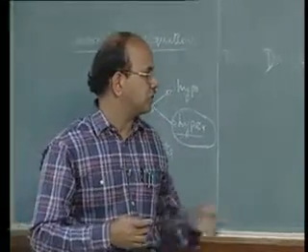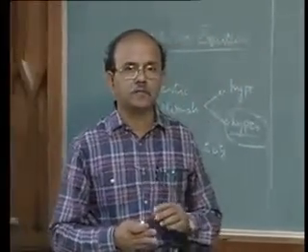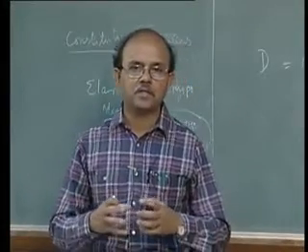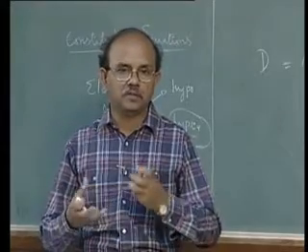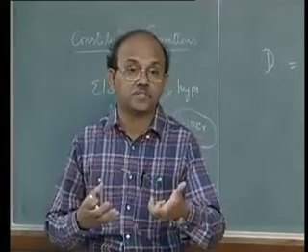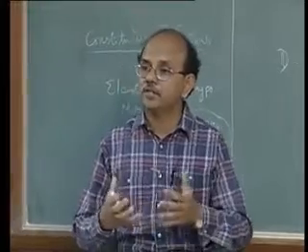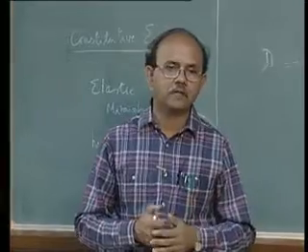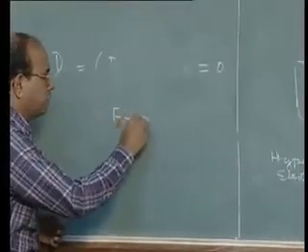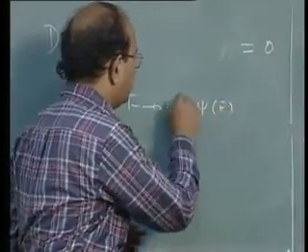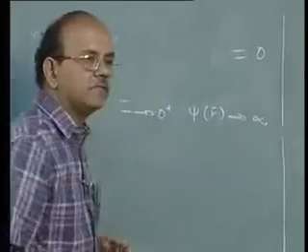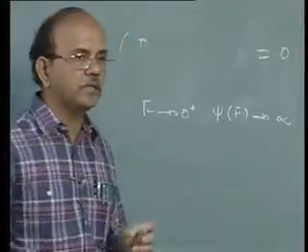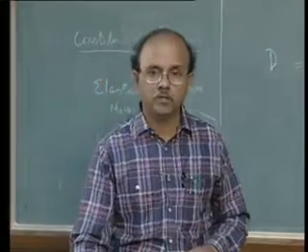So what are the constraints? The constraint is that F, of course, cannot be 0. If it goes to 0, what does it mean? That means you're trying to annihilate or shrink the material, make it almost disappear, which means the energy required to do that is enormously large. So when F tends to 0, then psi of F tends to infinity. We use infinity to mean very large, and 0 to mean very small.